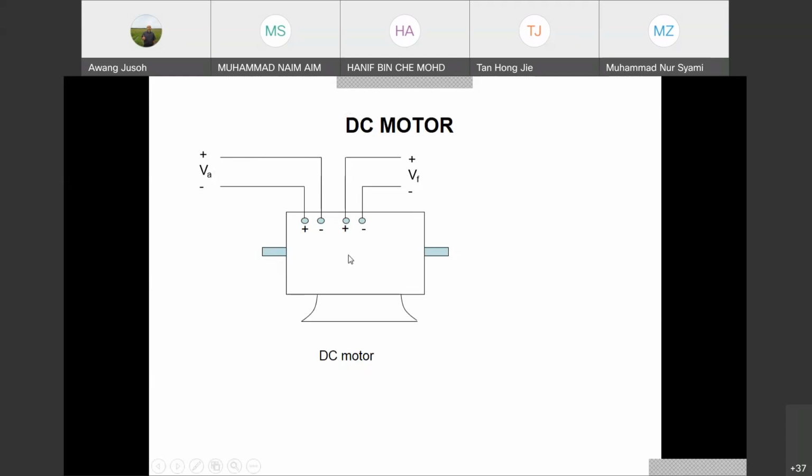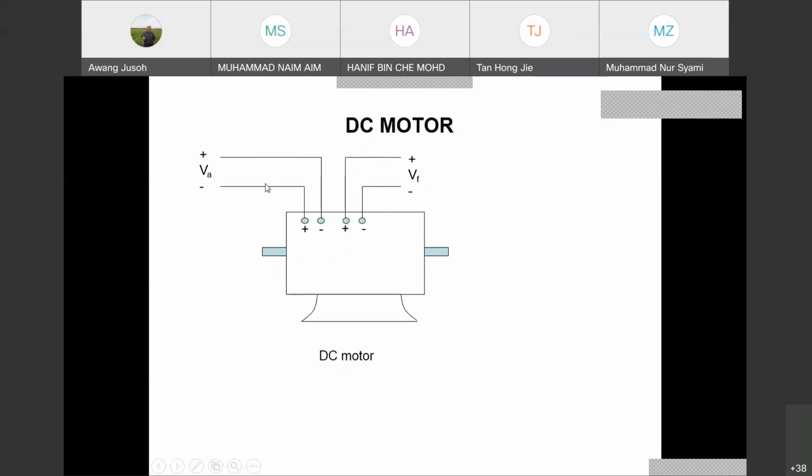This is a basic thing about the machine. We must apply current there, and the machine must also have main flux from the VF. So when the current is exposed to the flux, it produces torque. This is the basic law of motor movement.